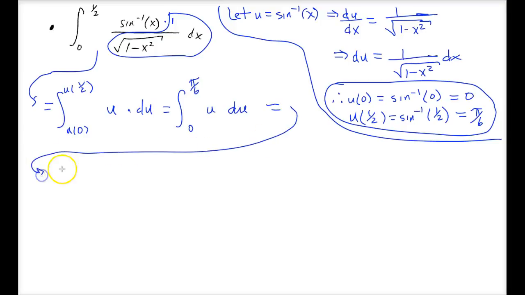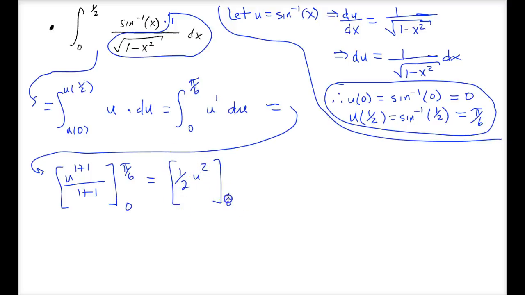So now, when we do the integration, u is the same as u raised to the 1. So that would be u raised to the 1 plus 1 over 1 plus 1. And all that will be evaluated from 0 to pi over 6. Of course, that's the same as just saying 1/2 u squared from 0 to pi over 6.